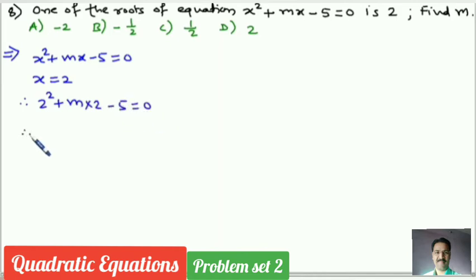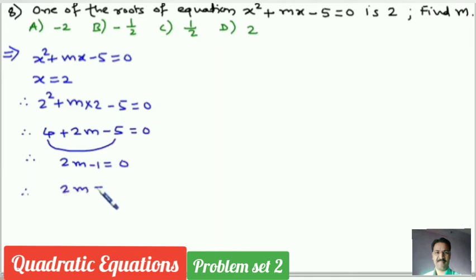This is 4 plus 2m minus 5 equal to 0. Here this 4 and minus 5 is minus 1 equal to 0. So 2m equal to 1. Therefore, what about m? Equal to half. So this is the value of m, which is the third option. Understand, friends?